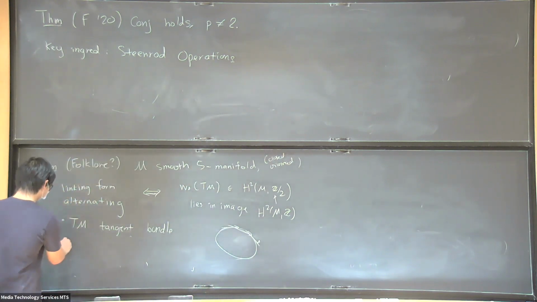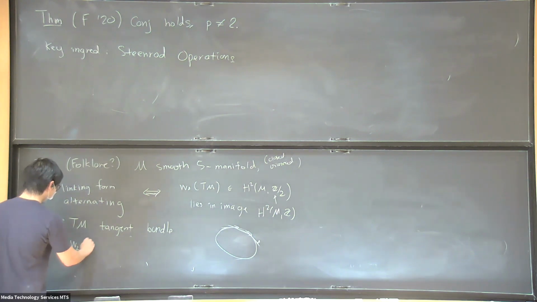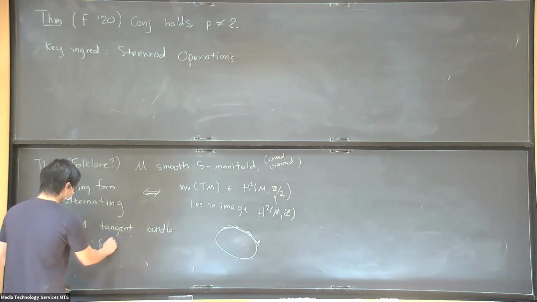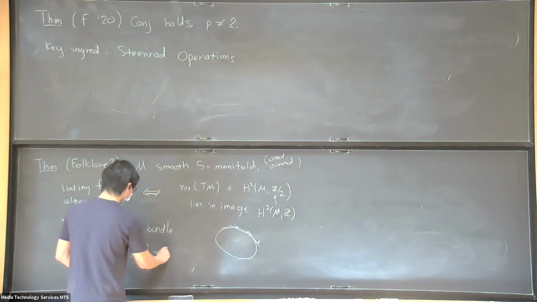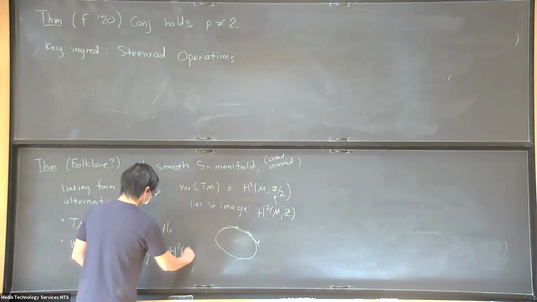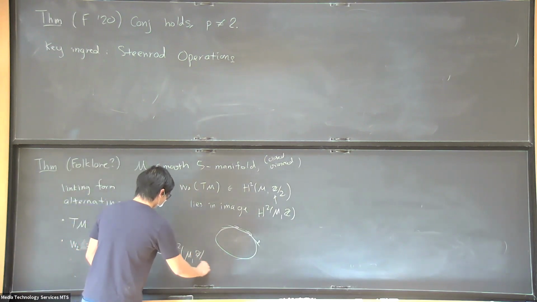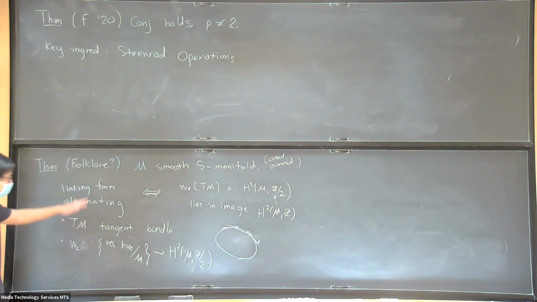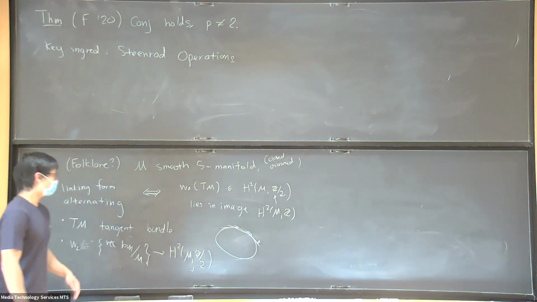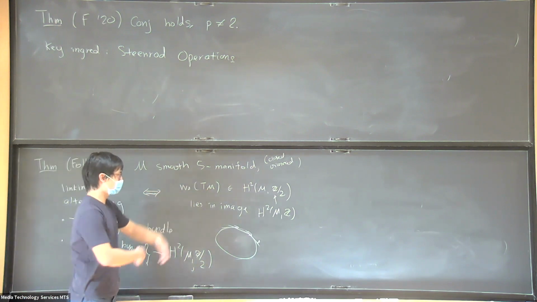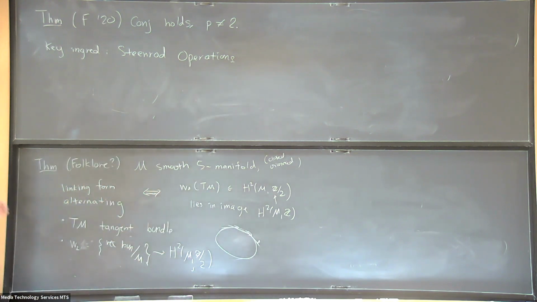And this w2, or maybe I'll just say more generally, this w2 is some function from vector bundles on M to the cohomology of M. Roughly speaking, it's trying to measure how non-trivial the bundle is. So the cohomology class will vanish when this vector bundle has two independent sections, for example.